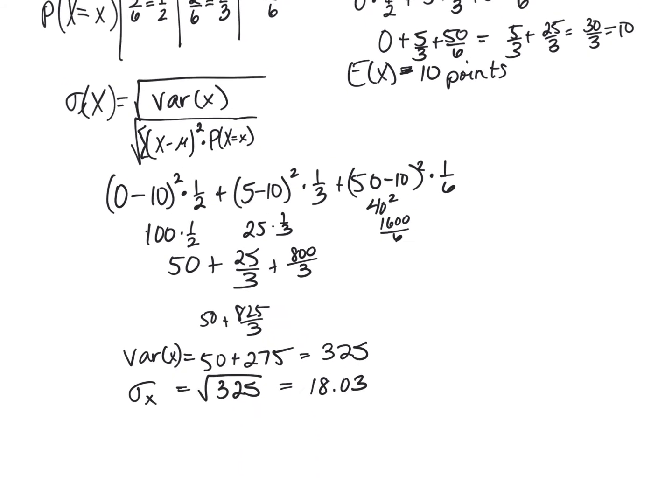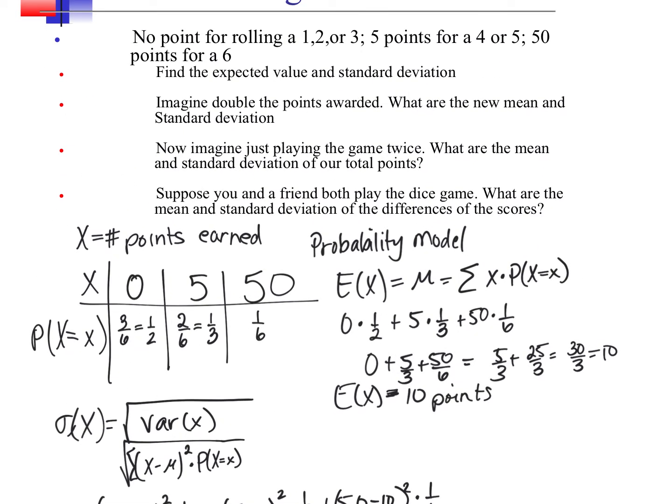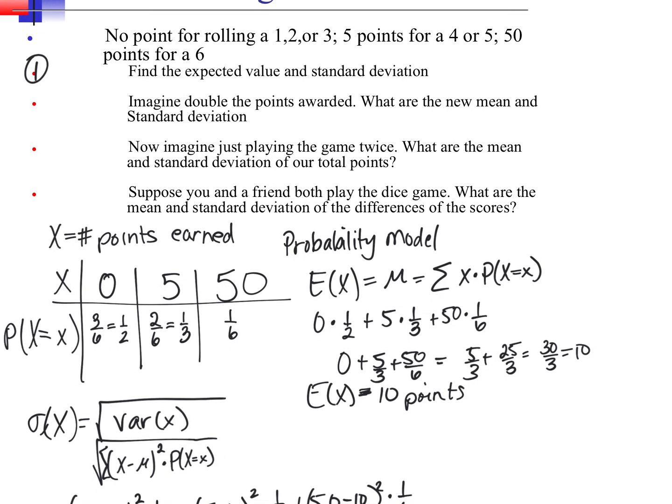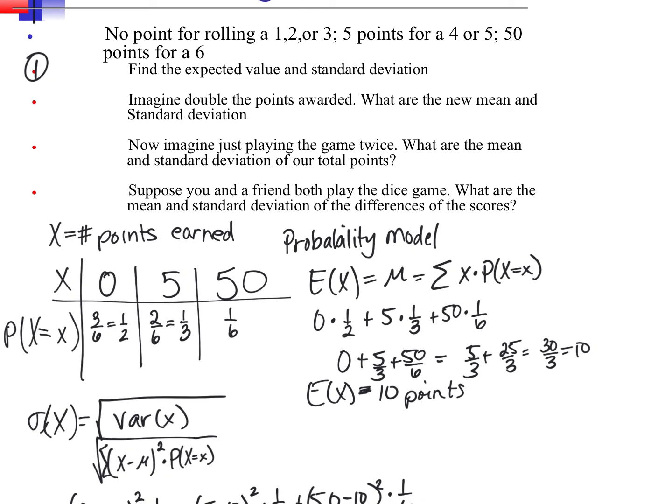So that's the first question. The second question is, imagine we doubled the points awarded. What are the new mean and the standard deviation? Well, when we were talking about the different formulas, we said that the mean and standard deviation are treated the same as we did in Chapter 6. So if we were multiplying, rescaling, we multiplied the mean and the standard deviation. And that is true here because my new possibilities would be 0 points, 10 points, and 100 points.